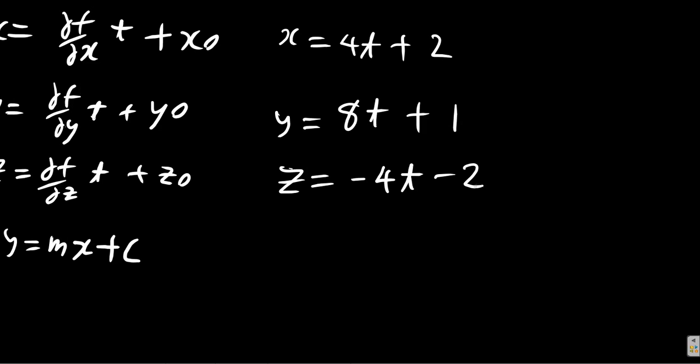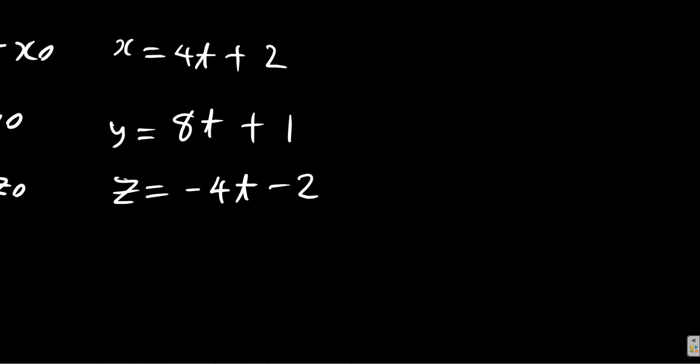Alright, so these are the parametric equations for the normal line. Now you could very well transpose each for t. In this case t is equal to x minus 2 divided by 4.